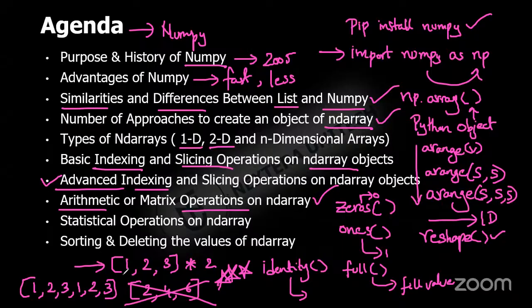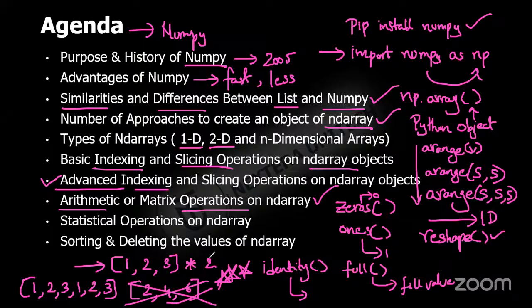But if I take this list and convert it into an array, and multiply the same array with an integer, will I get 246 as output, or will the values get repeated similar to a list? The output will be 246. So this is what is called vector calculation.